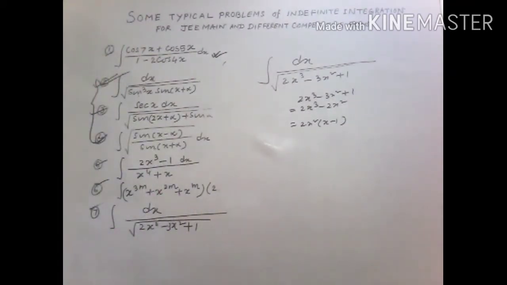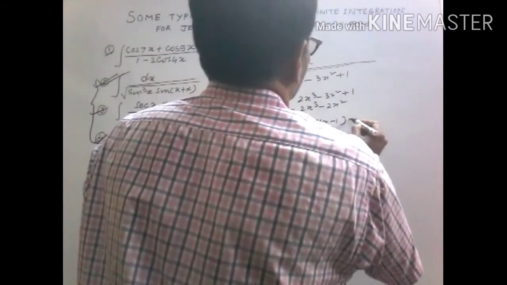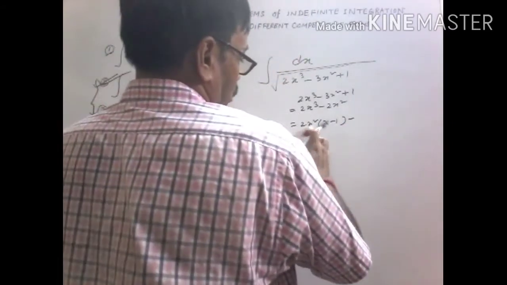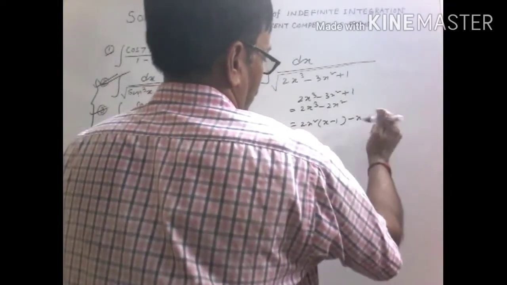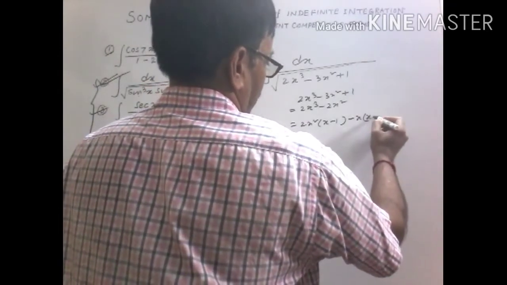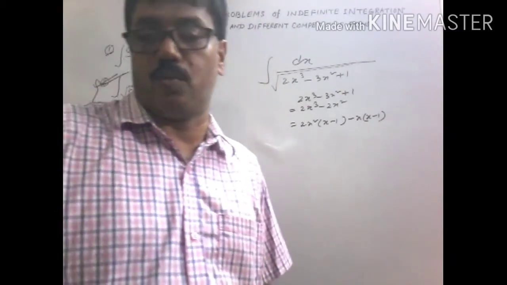Let us verify the problem. Yes, 2x cube minus 2x square, minus x square plus 1, which is minus x into x minus 1.